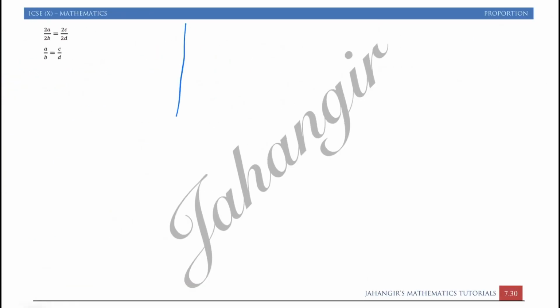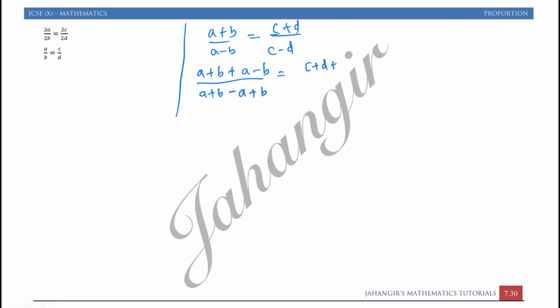So let me do. I have (a plus b) upon (a minus b) is equal to (c plus d) upon (c minus d). So by componendo dividendo I can write a plus b plus a minus b upon a plus b, then minus, sign will change, a minus b. C plus d plus c minus d, c plus d minus c plus d.